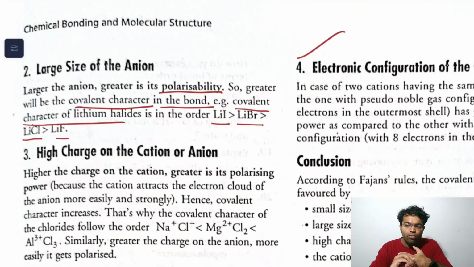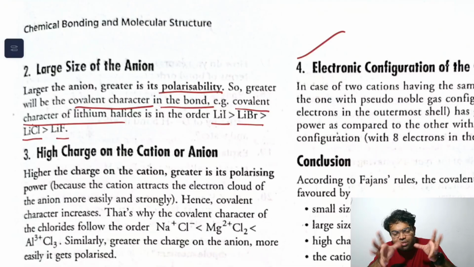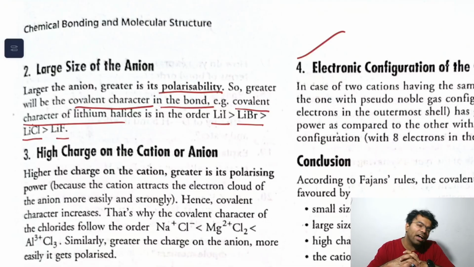So, Drupad, this polarization is particularly a characteristic of covalent bonds. But if you have a large enough anion like iodine, the electrons present in the outermost shell are loosely bound. So, a strong enough metal like lithium with very high electron density could actually alter the electron cloud, make it polarized in such a way.